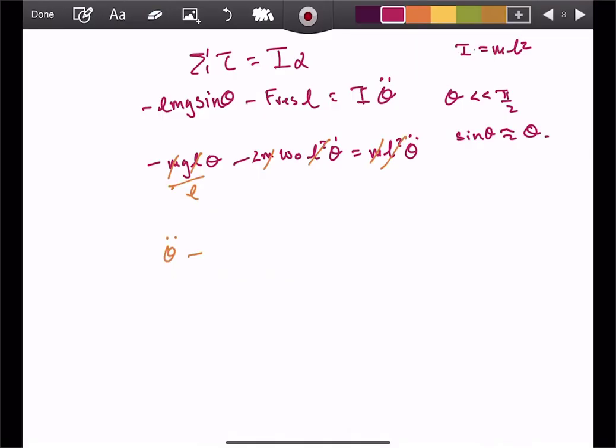There we go, sorry about that. So we're going to get a plus 2 omega 0 theta dot, and then we're also going to get a plus omega 0 squared times theta equal to 0.